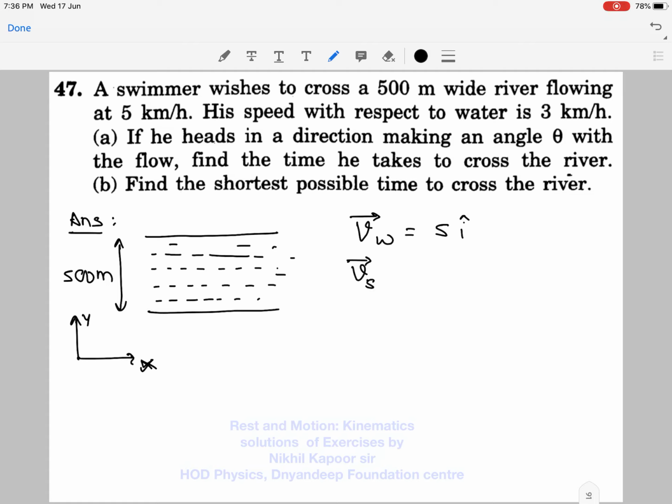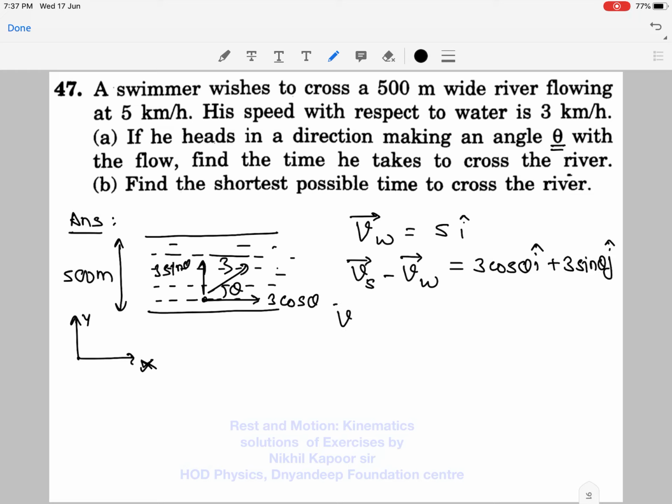Now the velocity of the swimmer with respect to water, meaning velocity of swimmer minus velocity of water, is 3 kilometer per hour, heading at an angle theta. So it will be 3 cos theta and 3 sin theta. I will write this as 3 cos theta i cap plus 3 sin theta j cap.